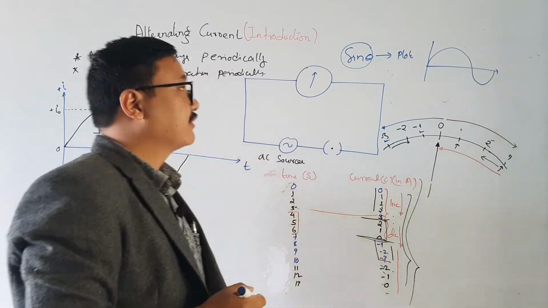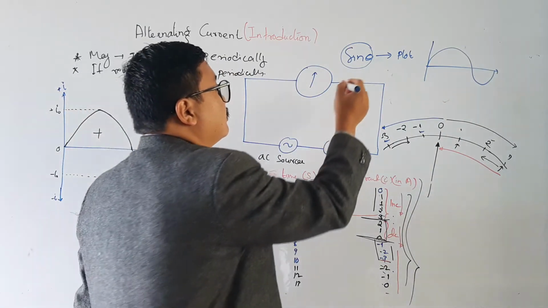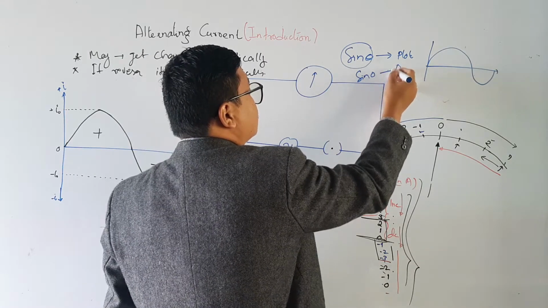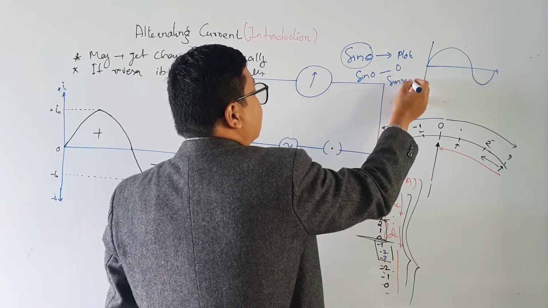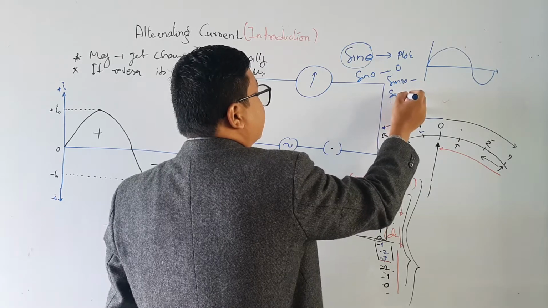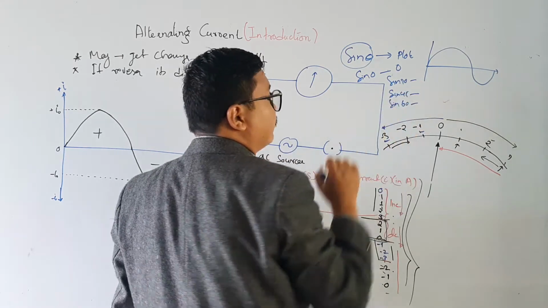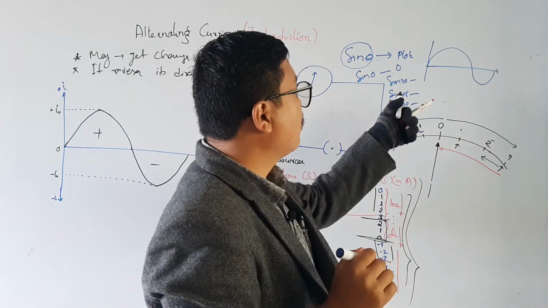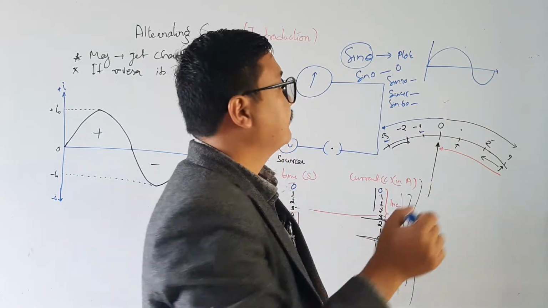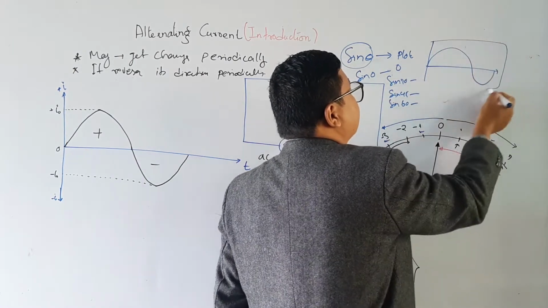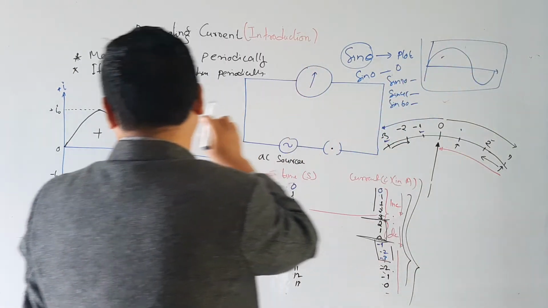Graph of sine theta means if I put sine 0, I will get some value, sine 0 is 0, and sine 30 I will get some value, sine 45 I will get some value, sine 60 I will get some value, like this. And if I go on putting these values and plot it here, then I will get this kind of graph, which is same as this, isn't it?